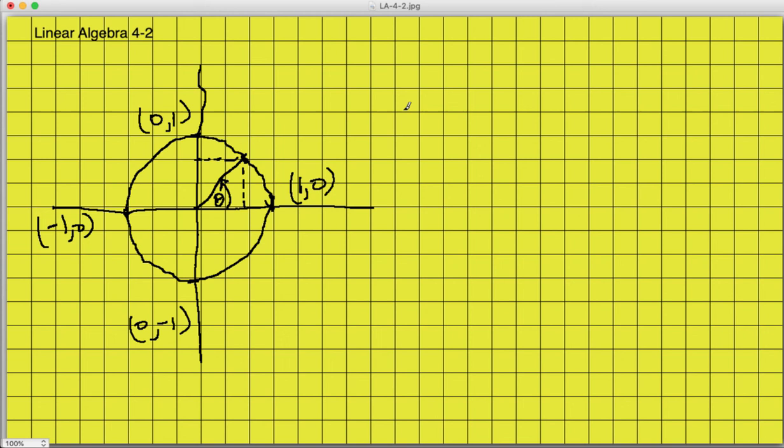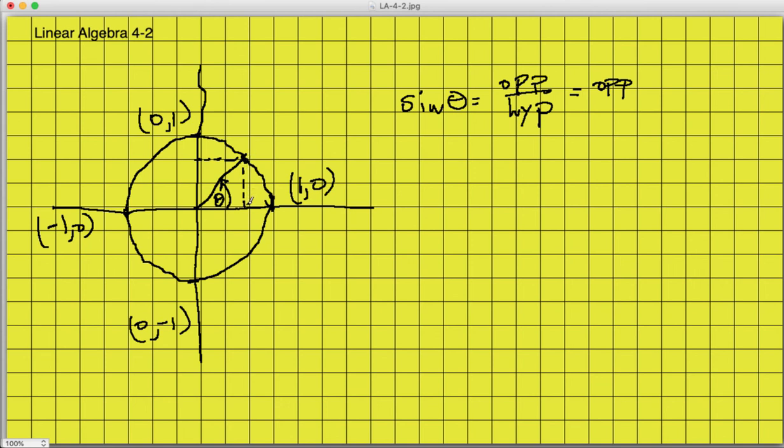So if I were to ask, what is sine of theta? Remember, sine of theta is the opposite over the hypotenuse. And in this case, the hypotenuse is 1, so this is just equal to the opposite. The opposite of this thing is this length right here.